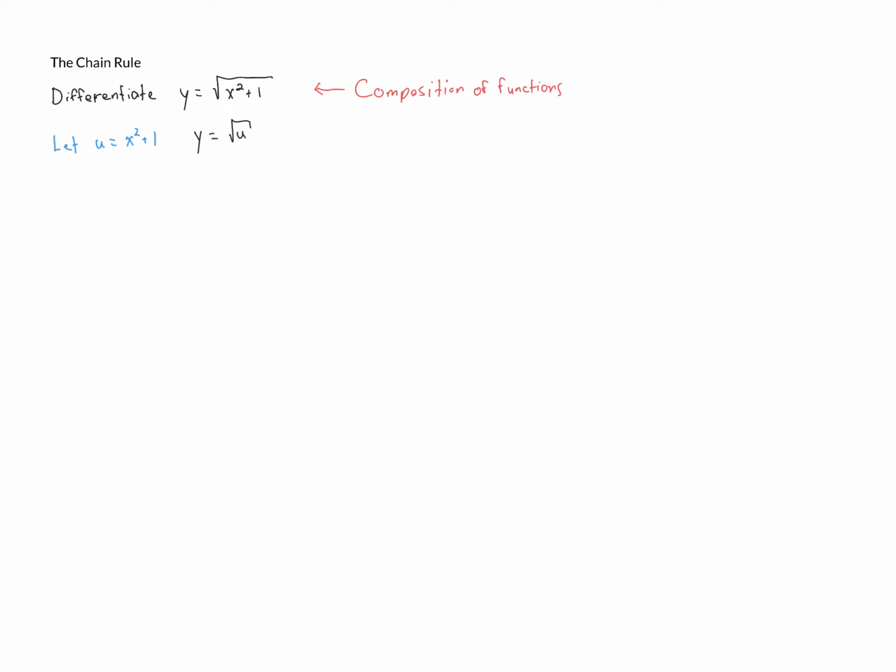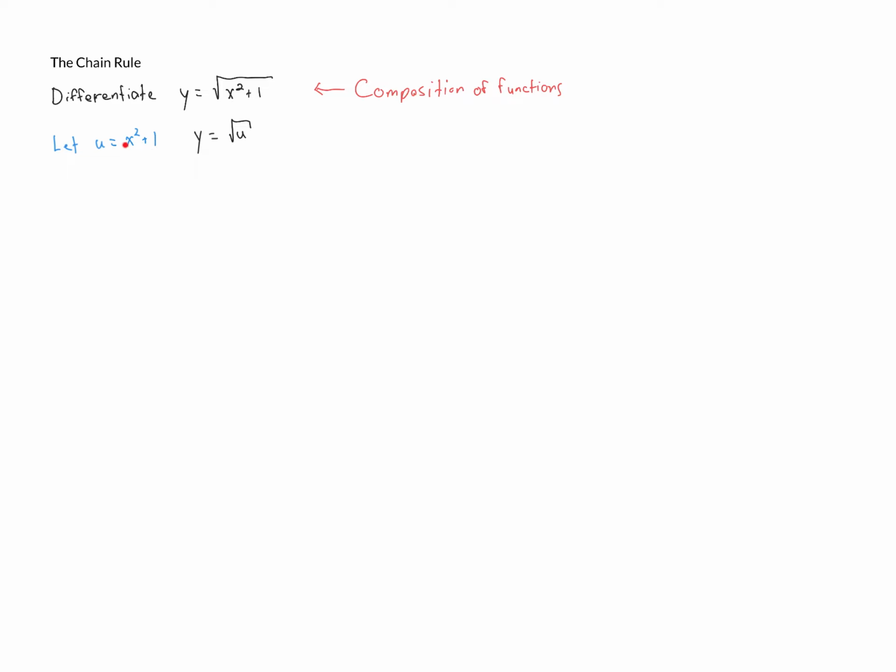And by doing this, we're actually separating those outer and inner functions. We've got x squared plus 1 as the inner function, and then the square root of u is the outer function. And we know how to differentiate both of these types of functions. We've differentiated the square root of x before. I know it's u here, but this is a power function.